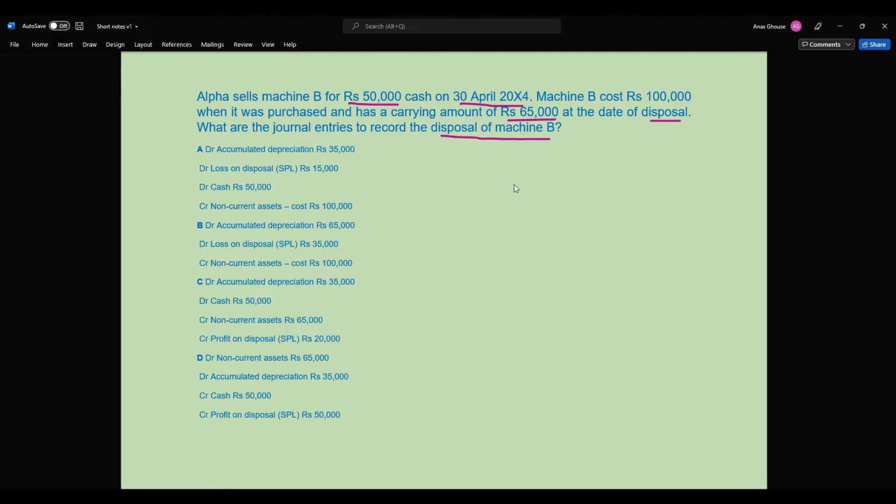Now, what they are saying is there was a machine. The machine was sold for 50,000, it cost 100,000 and the carrying amount was 65,000. Here carrying amount is nothing but cost minus accumulated depreciation.